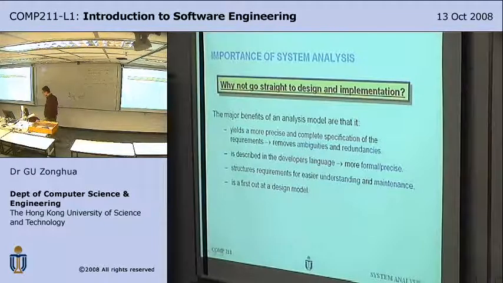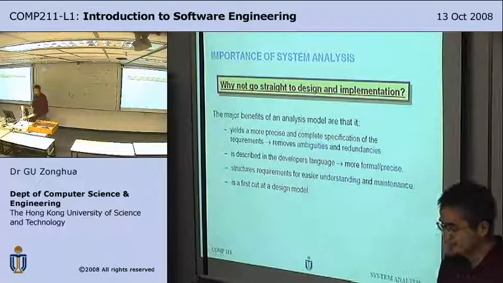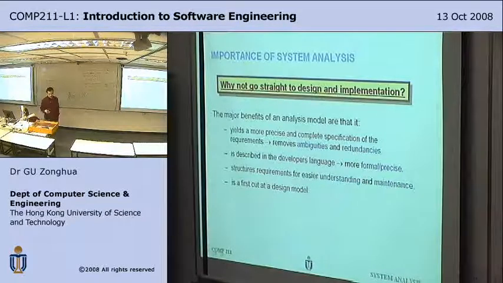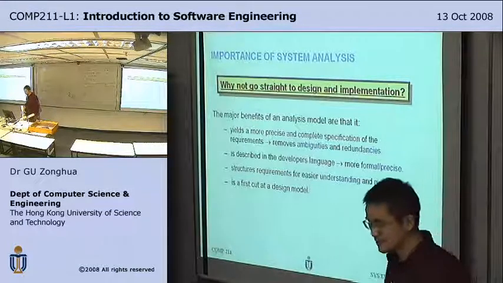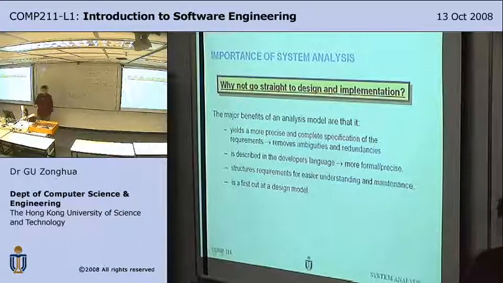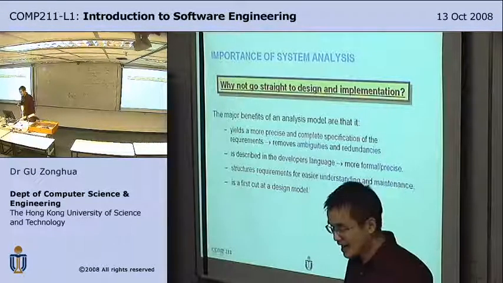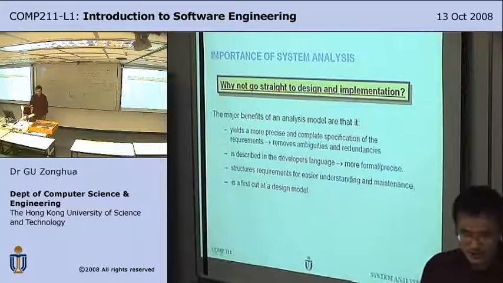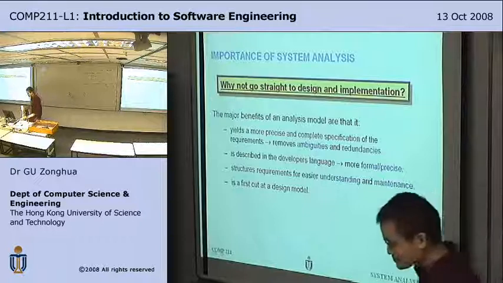So the design model really cares about whether you have a distributed system, how many CPUs you have in the system, how many offices the company has, and how to distribute the software, etc. Well, at the analysis stage, we don't care about all that. We only care about functionality. But the analysis model can be a first cut. That is, you can evolve the analysis model into a design model.